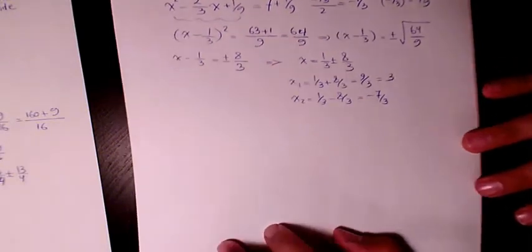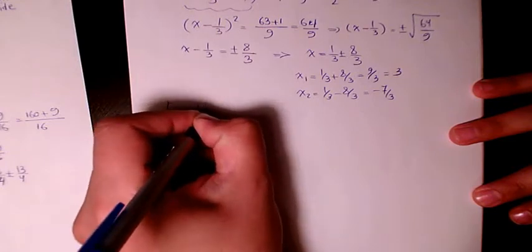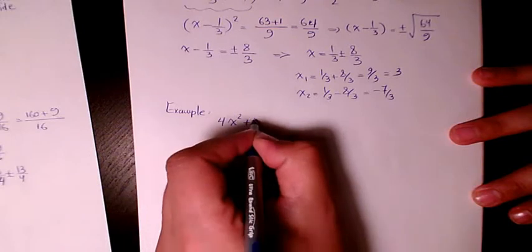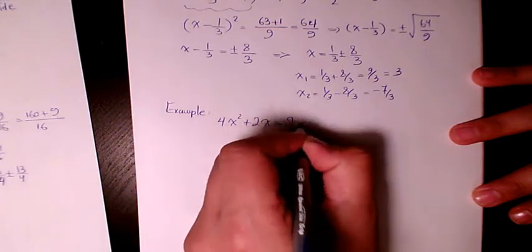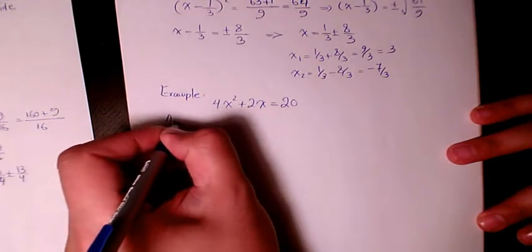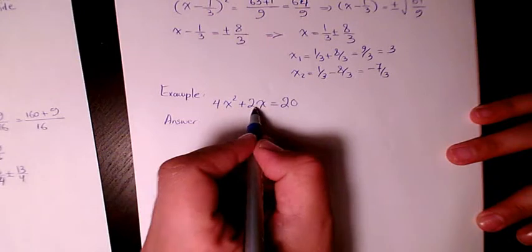Next example. I have 4x squared plus 2x equals 20. Answer: we can factor 2 here.